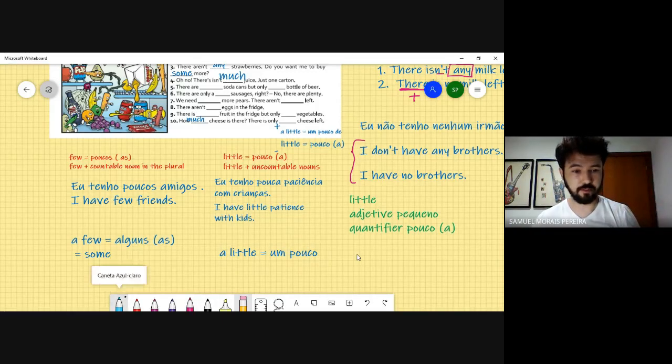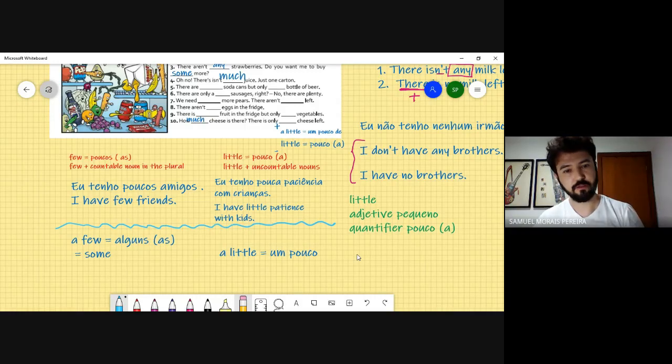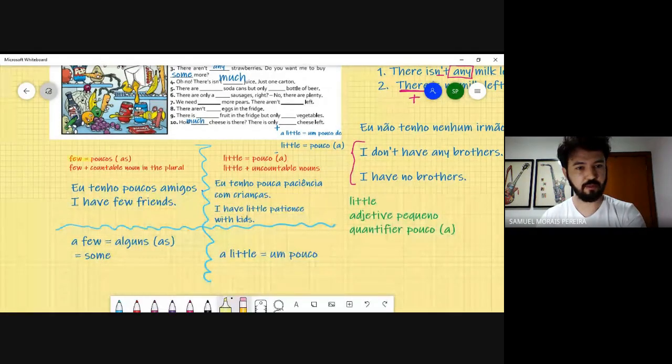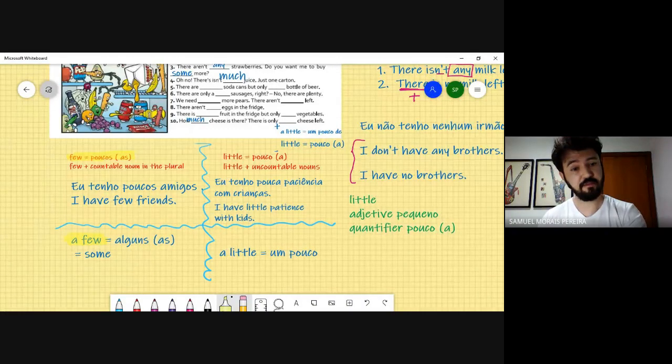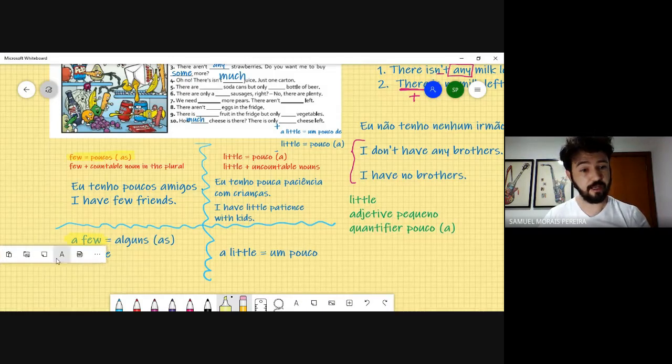So just a moment, I'm gonna draw a line here. So pay attention. We have the word few, and it means poucos and poucas. But we also have the expression, the phrase a few. And can you see the difference in translation? There is a drastic change in meaning.